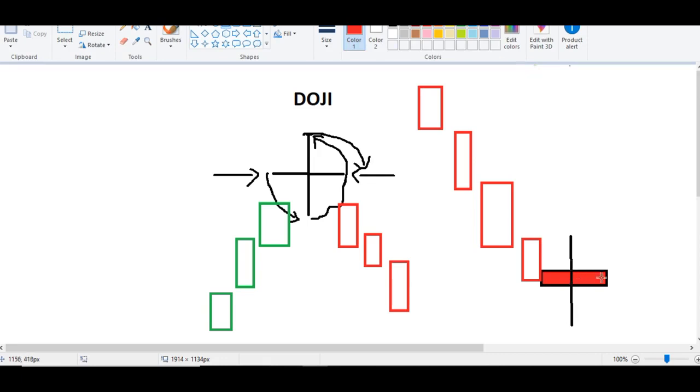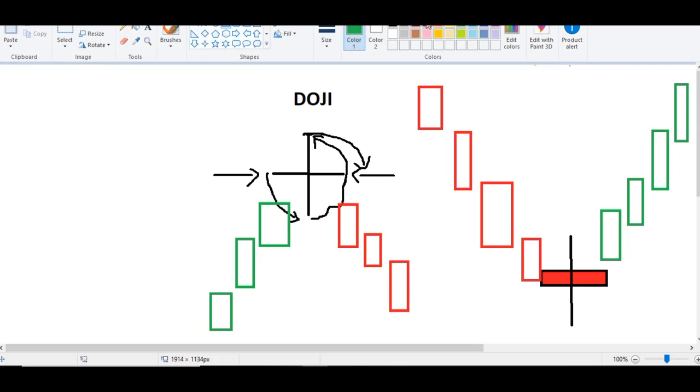Why is that? Because there's a tug of war going on between the bulls and the bears. There's a fight going on, and so one or the other is going to come out as a winner. So now if you get a big green candle after, that is saying bulls have control now, and they may reverse the price.